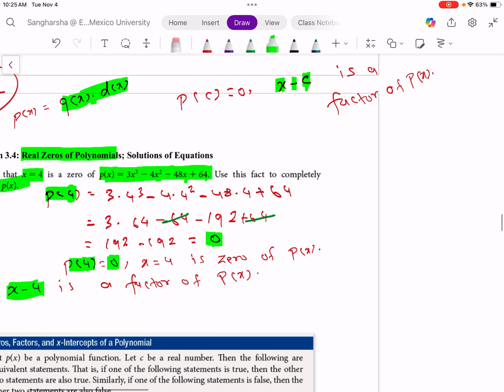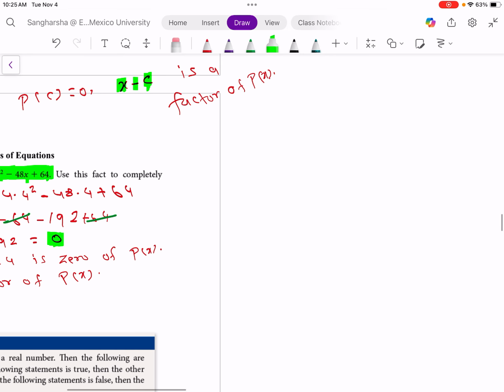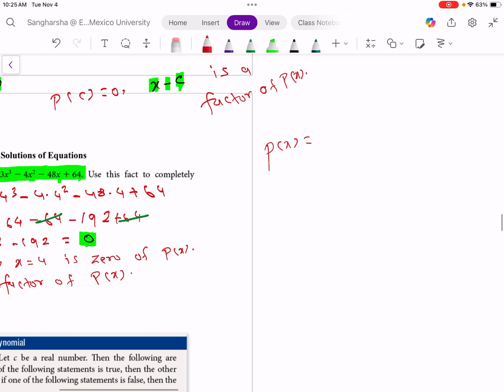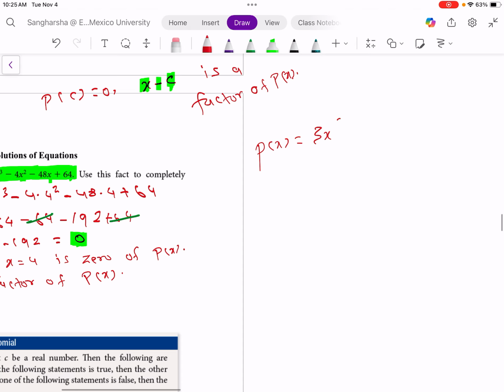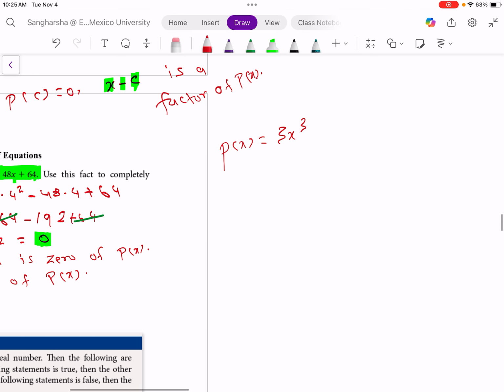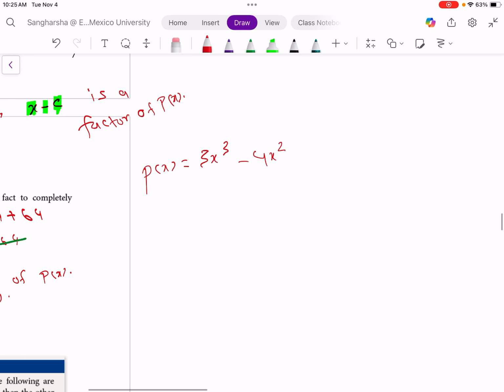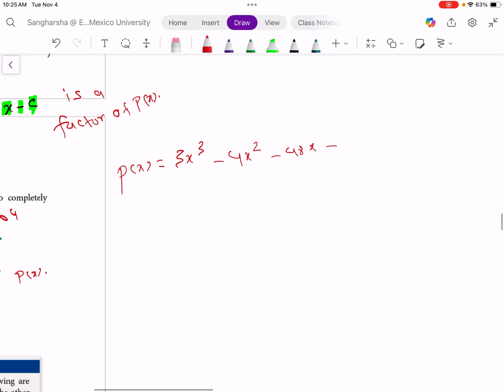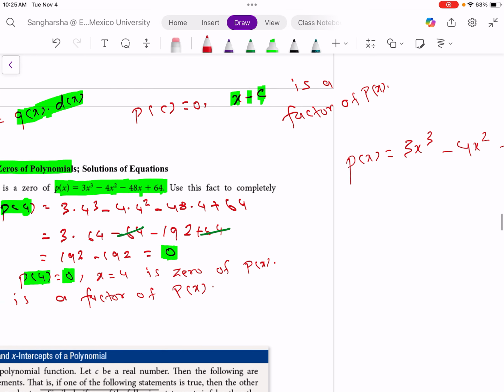So let's divide our polynomial. Let me write down that polynomial p of x one more time, which is 3x cubed minus 4x squared minus 48x plus 64, and we are dividing by our factor x minus 4.